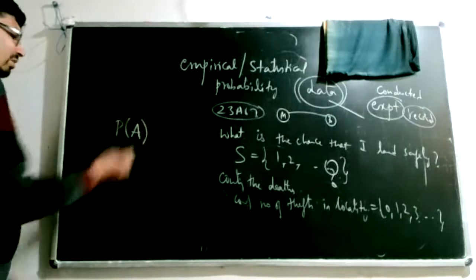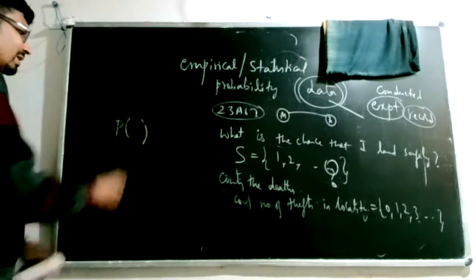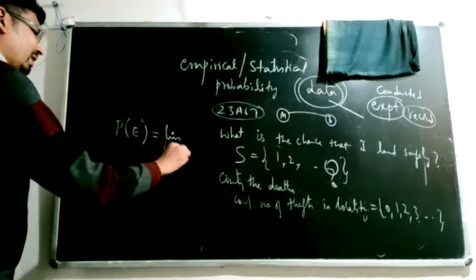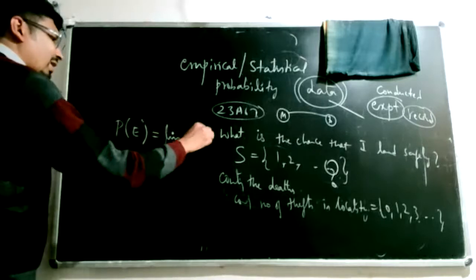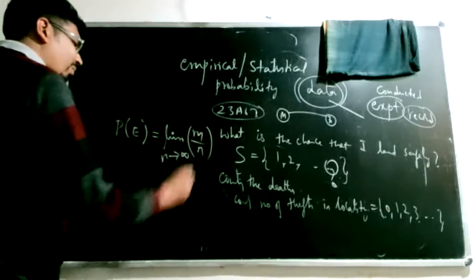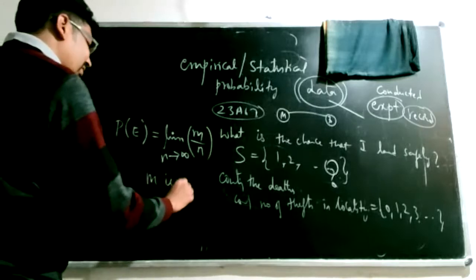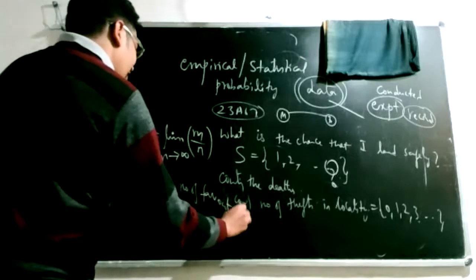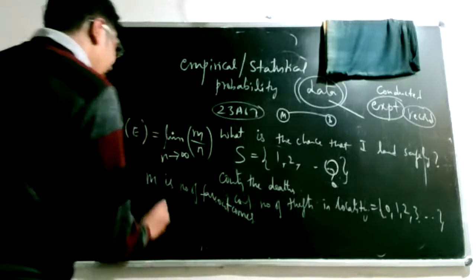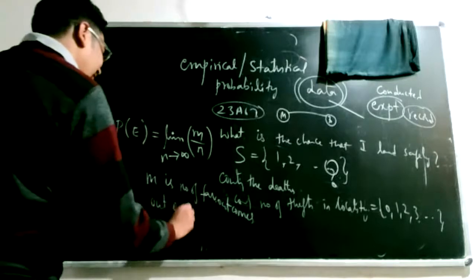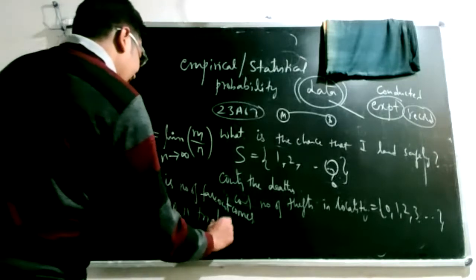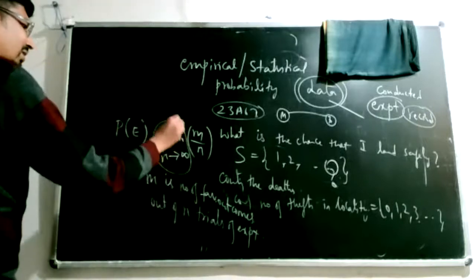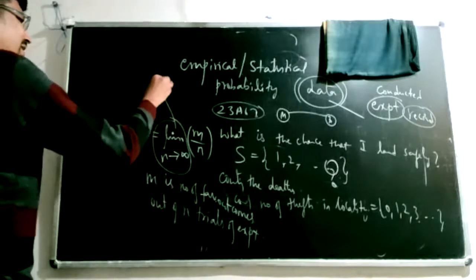For any event E, we say probability is the limit as n tends to infinity of m by n, where m is the number of favorable outcomes out of n trials of the experiment. This limit is not that hard. It simply says n is large.